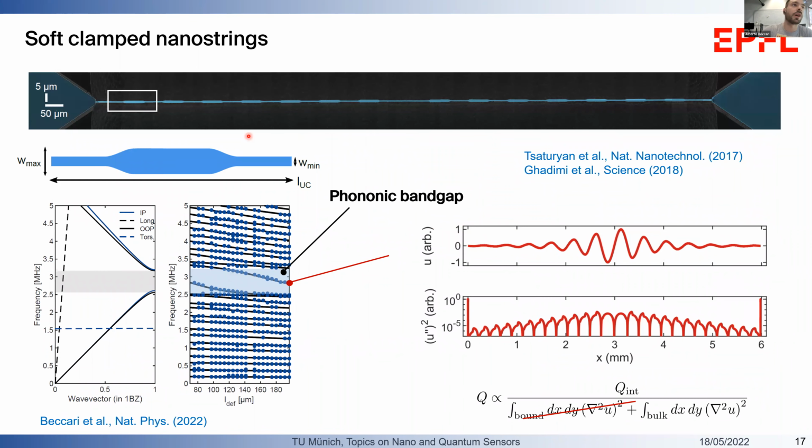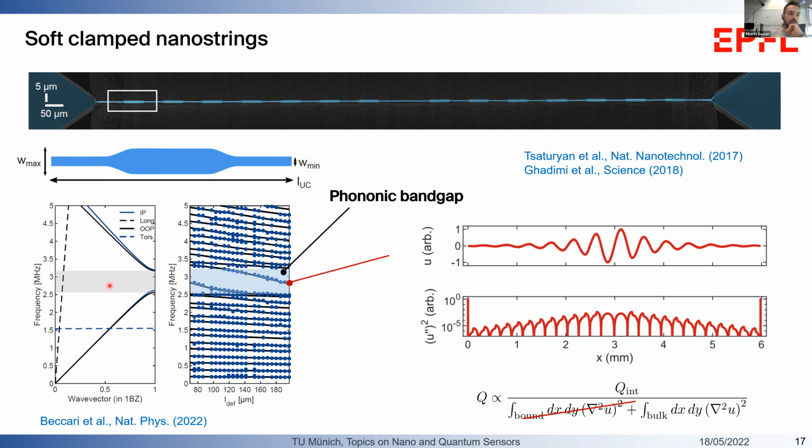So I showed you this width corrugation, and the width corrugation is basically the main ingredient essential to understanding this technique of phononic crystal based soft clamping that we use in the nanostrings. Because when you have a width corrugation, corresponding to a periodic stress modulation, you perturb the dispersion relation for phonons traveling at megahertz frequencies, typically, depending on the period of the modulation.